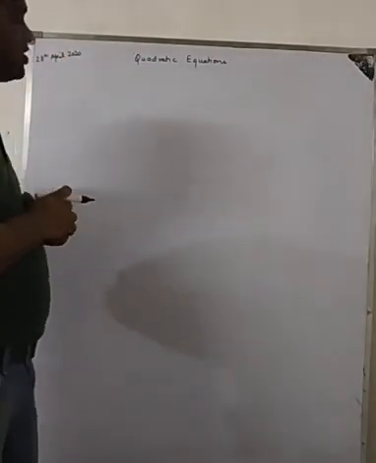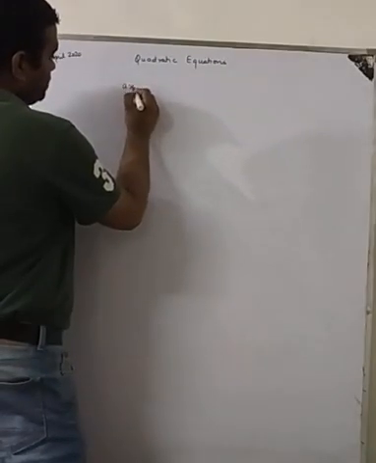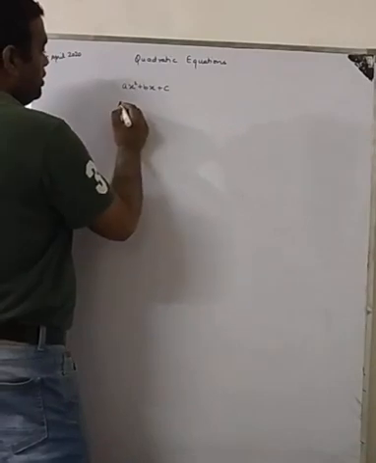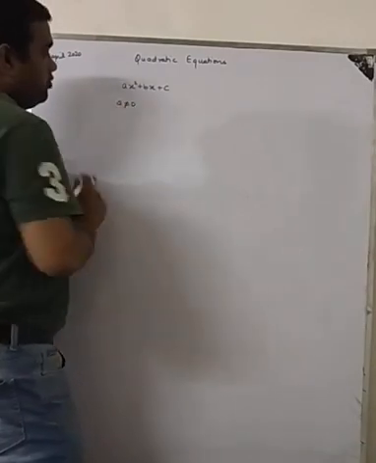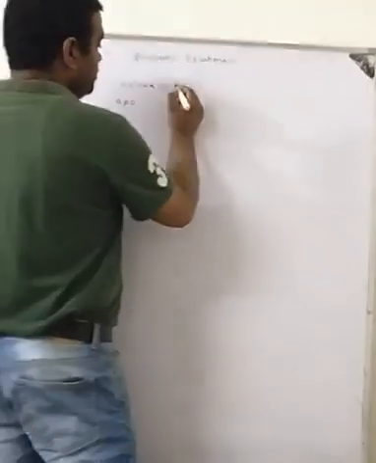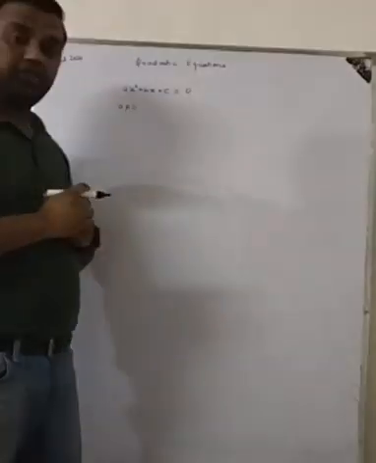As we know, the standard form of a quadratic polynomial is ax square plus bx plus c, where a is not equal to 0. Now when this quadratic polynomial is equal to 0, it becomes a quadratic equation.